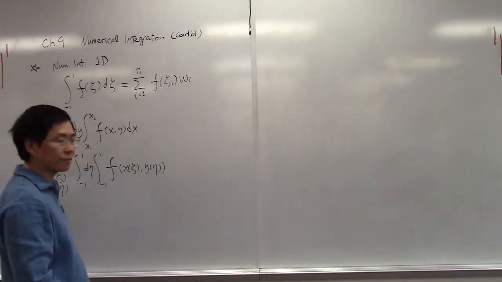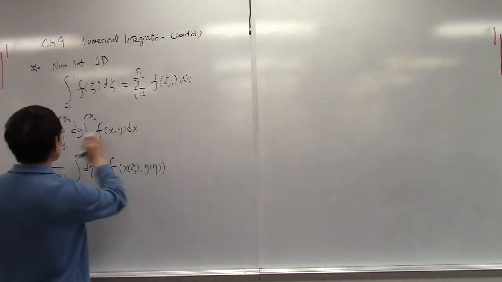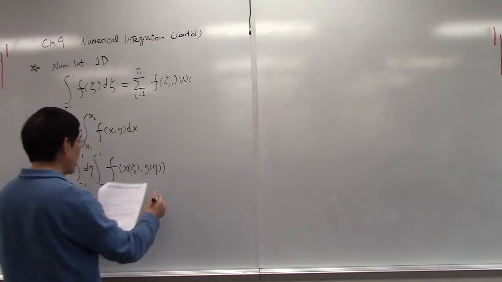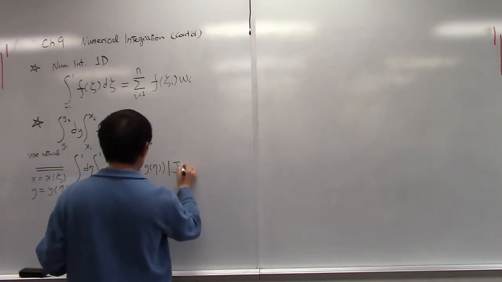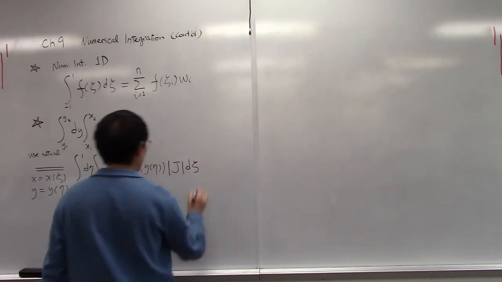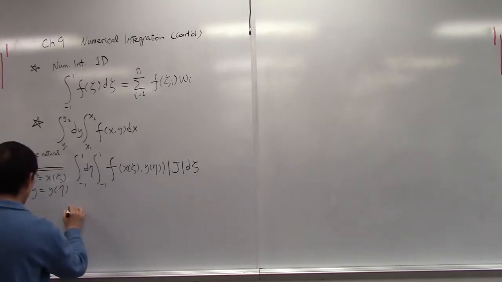But then we also need to transform dx and dy. It turns out when you have two variables you integrate together, the dx dy represent an integration area element. The transform of an integration area element involves something called a Jacobian, okay? And this is d theta. What is the Jacobian?